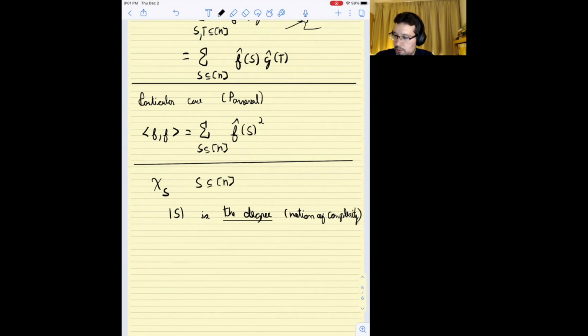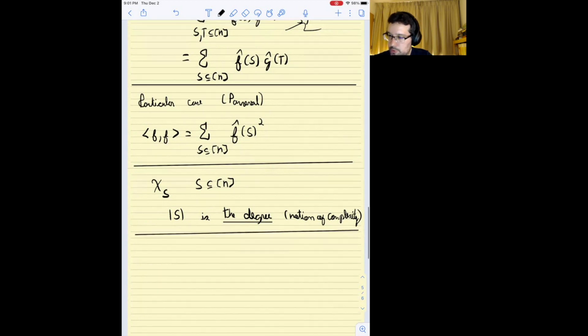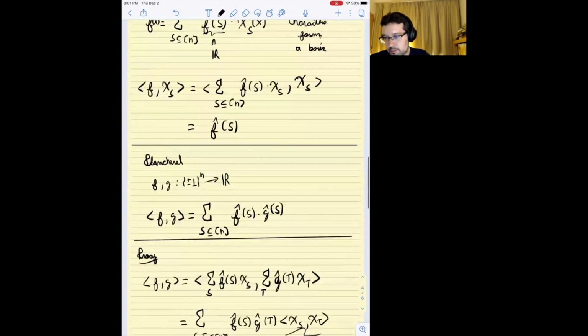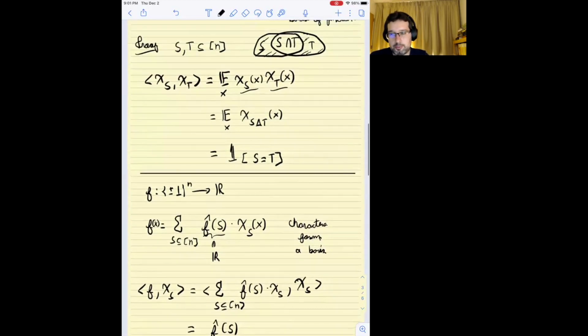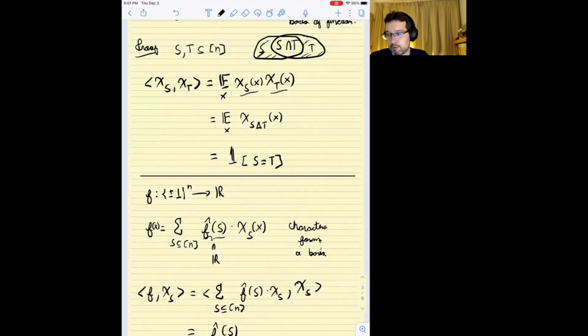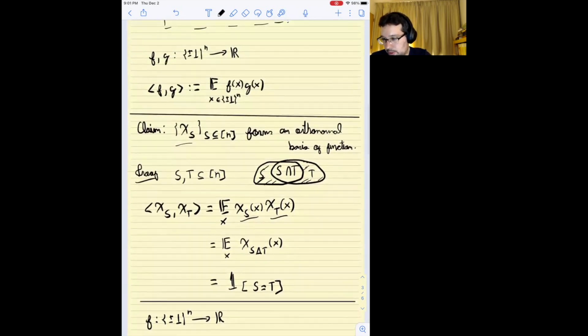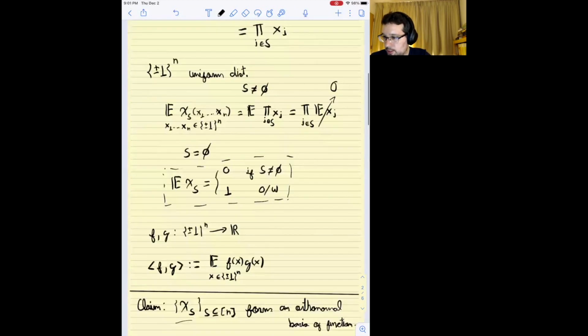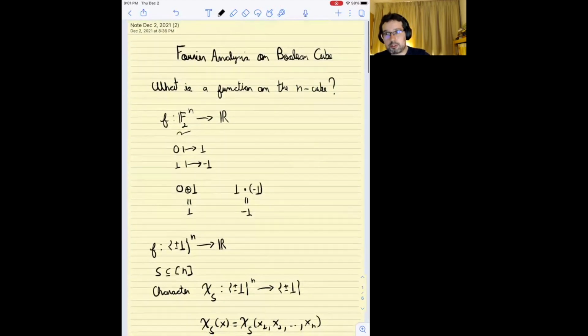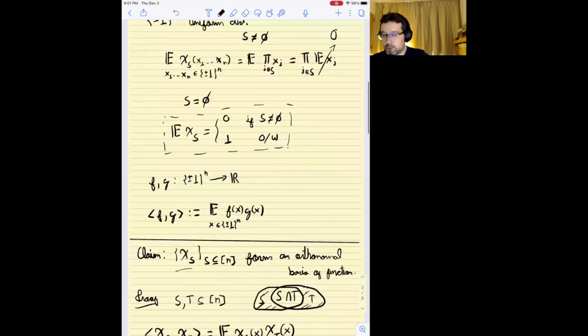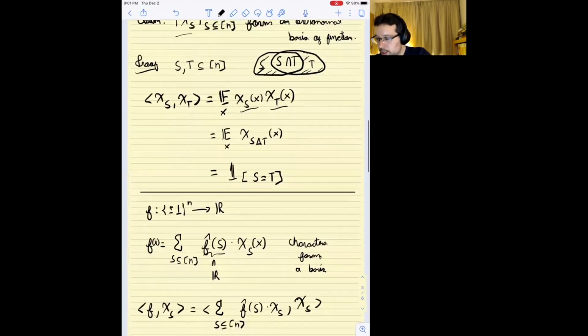Let's see if I want to say anything else about the basic properties. Possibly not. So the goal here was to introduce a little bit of notation about characters, to say that functions on the Boolean cube admit this equivalent, nice expansion in terms of these alternative bases. You have the characters that are orthonormal under this inner product, and one can compute inner products in the Fourier domain instead of the original domain.